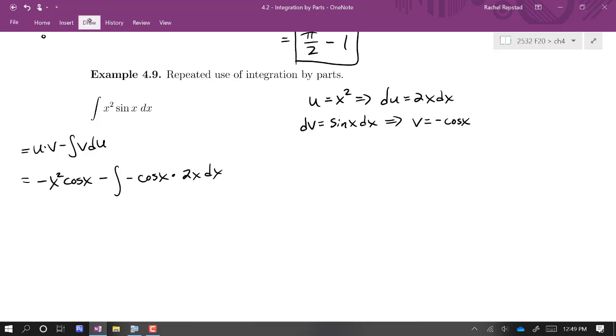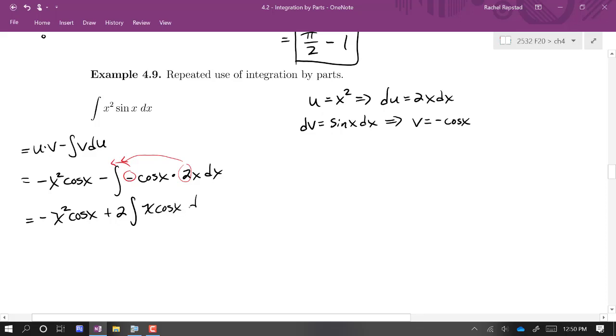I'm going to simplify this other integral, really just going to pull out the 2 and the negative. So it looks like this, x times cosine x.